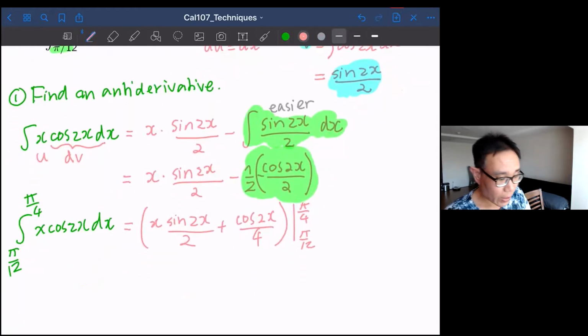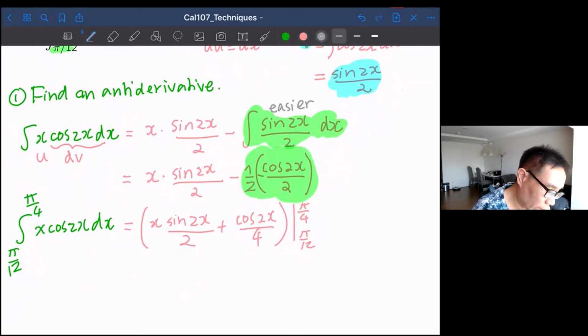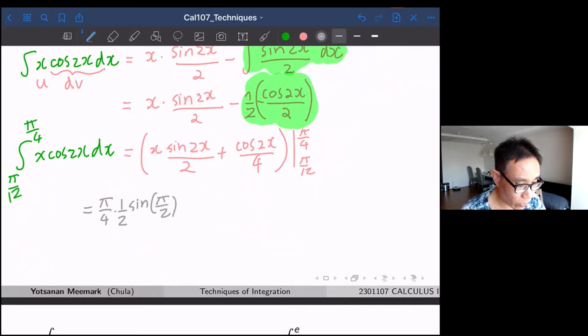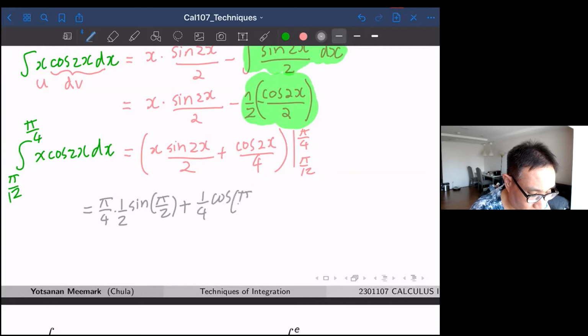Okay, and then you're just going to plug in x equal to pi quarter, so it's going to be pi quarter, multiplied by 1/2 and sin 2 times pi quarter, so it's going to be pi over 2, plus cos pi over 2.